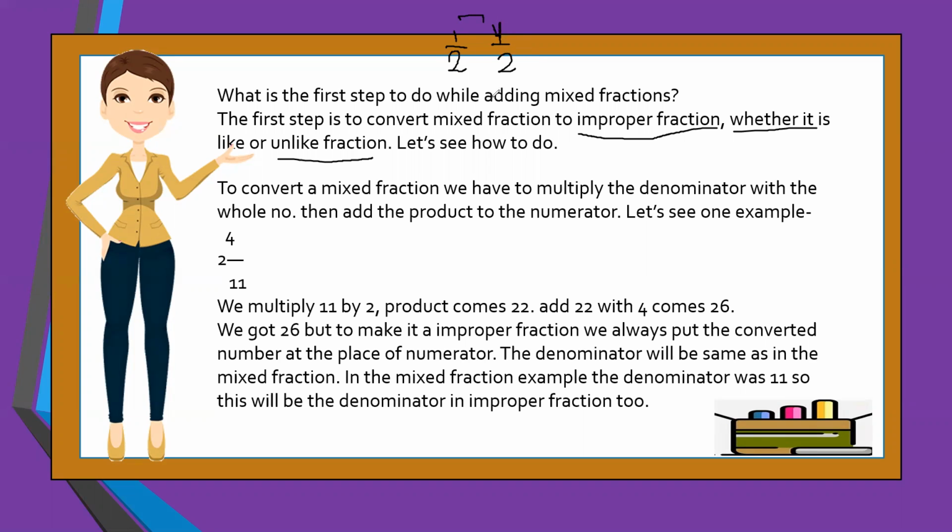In like and unlike fractions, we never look at the numerator. We always look at the denominator. This is the denominator and this is the numerator. The upper one is the numerator and the one below is the denominator. We only compare the denominators in like and unlike fractions.